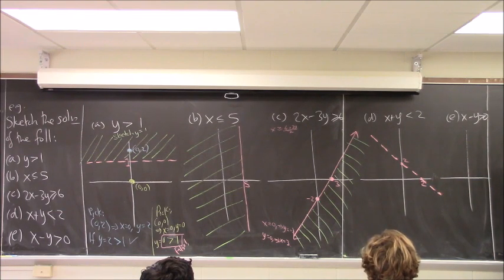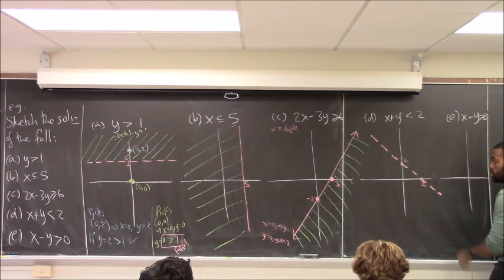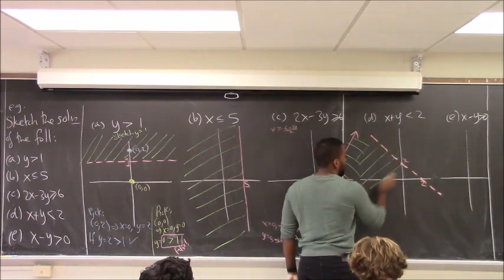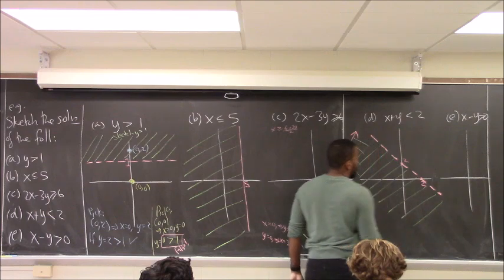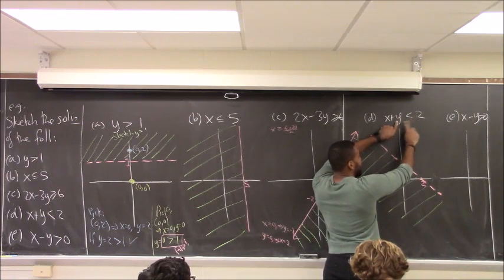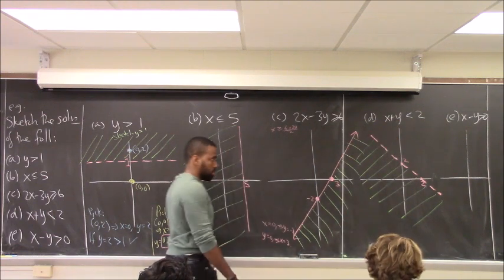Passing through there. Now, if I pick the origin 0, 0, 0 is less than 2, so I know that the solution is over here, in the bottom half. I could also solve for y, for example. I'd get y is less than 2 minus x. Less than means it's to the bottom, it's underneath.